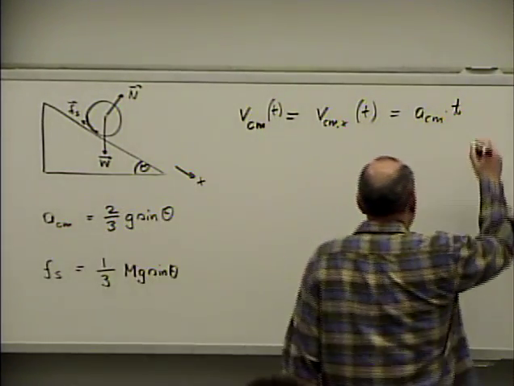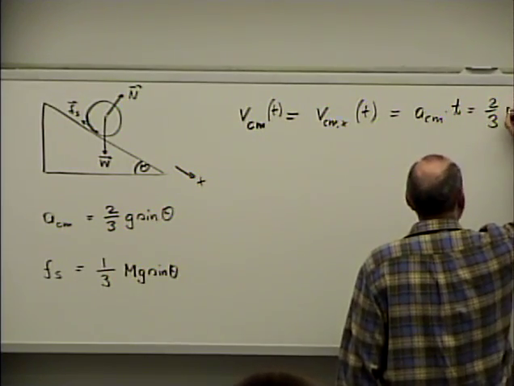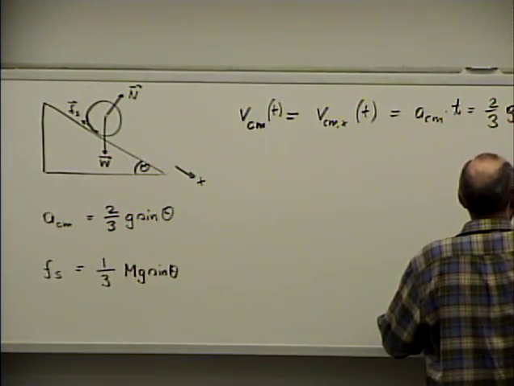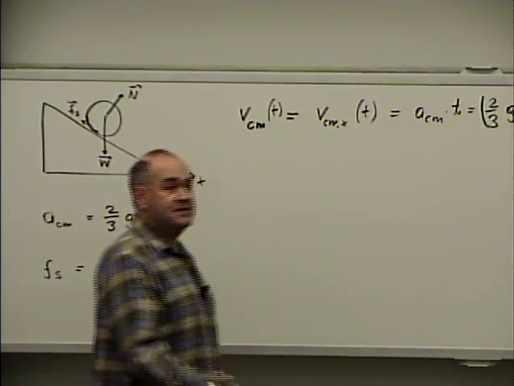And if I plug in now these, I will have that it is 2/3 g sine theta times t. All of this is constant.